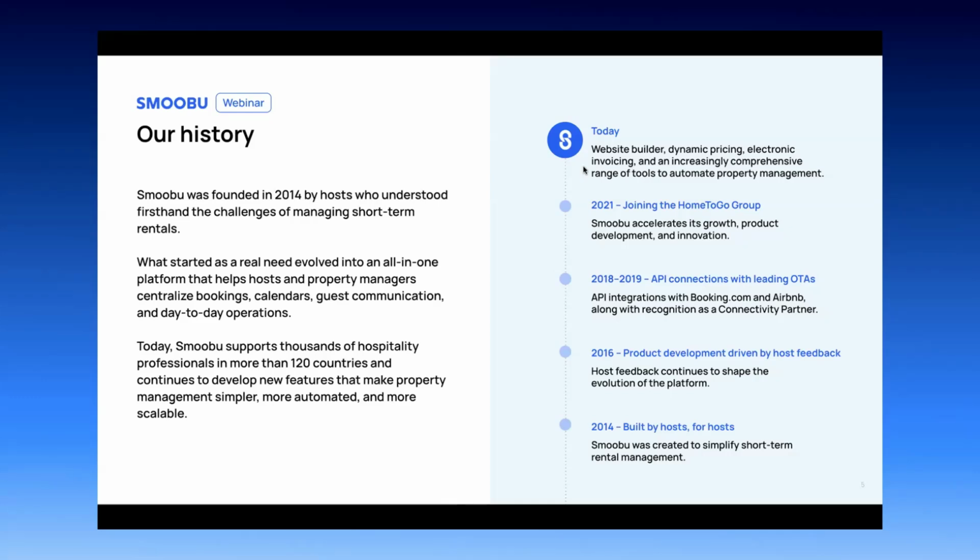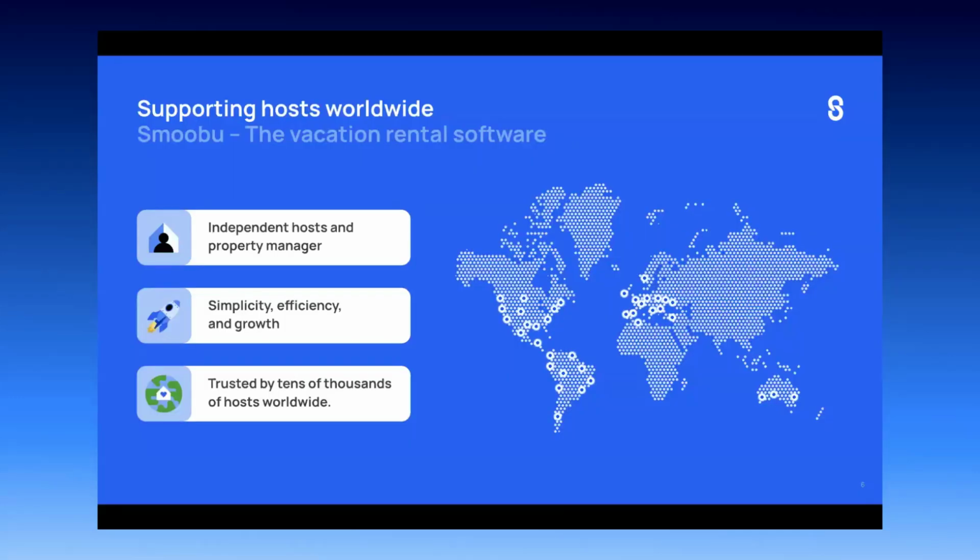What started as a real need has now evolved into an all-in-one platform that helps our clients centralize their calendars with guest communication and any other day-to-day operations. Currently, we help thousands of hospitality professionals all around the globe. We work in nearly 120 countries. We're based here in Berlin, in Germany, but we do work globally.